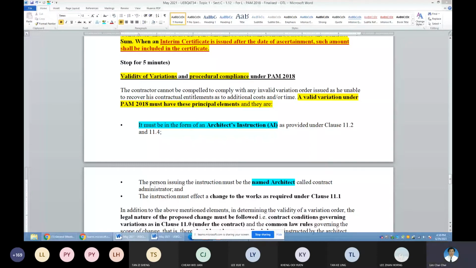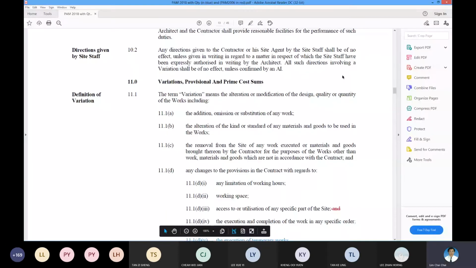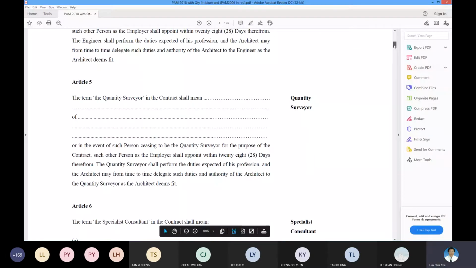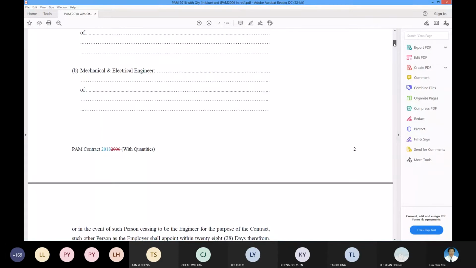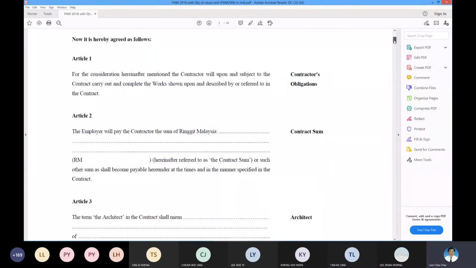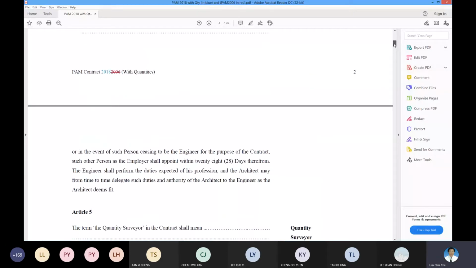So this is your named architect. By the way, can you still read the screen share? Please revert because I already hid it. Sometimes I hide it, the screen is missing.